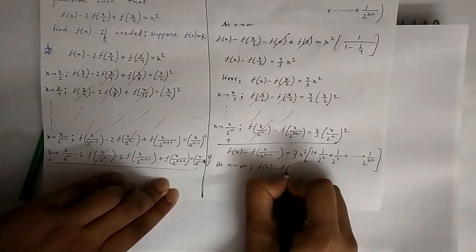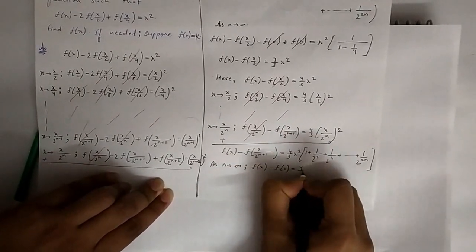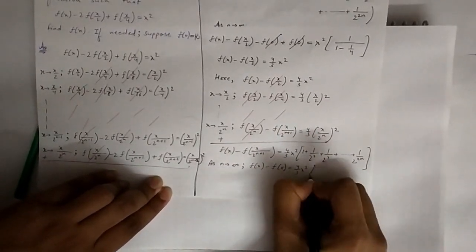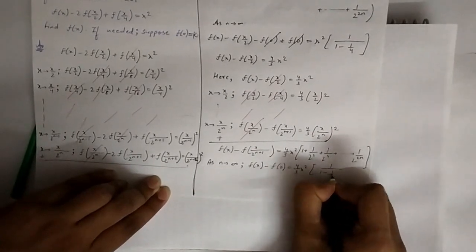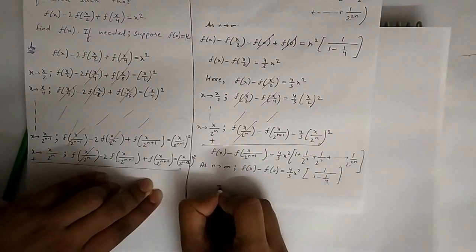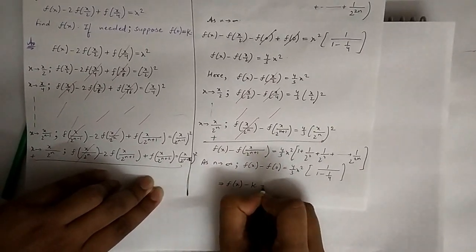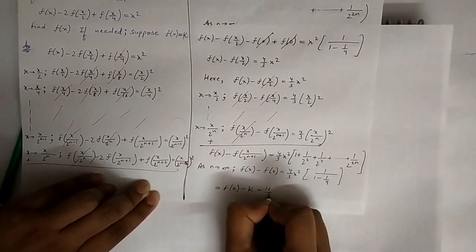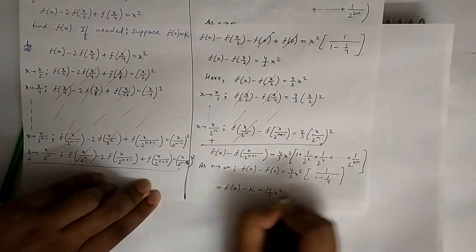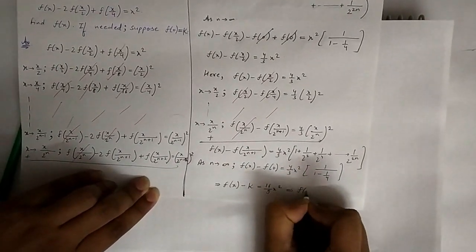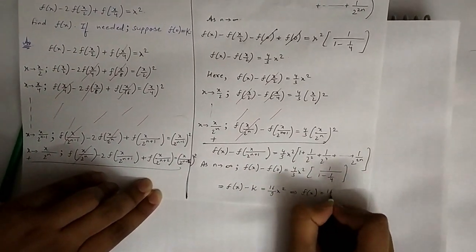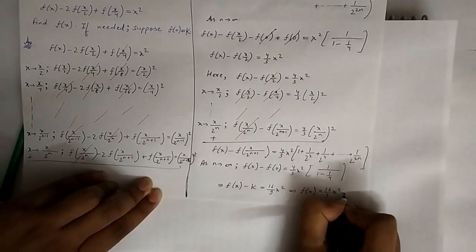So here we get f of x minus f of 0 equals 4 by 3 x square, and again here the first term is 1 and the common ratio is 1 by 4. And in the question it is already given that f of 0 equals k. So finally we get this result, f of x equals 16 by 9 x square plus k, which is the required answer.